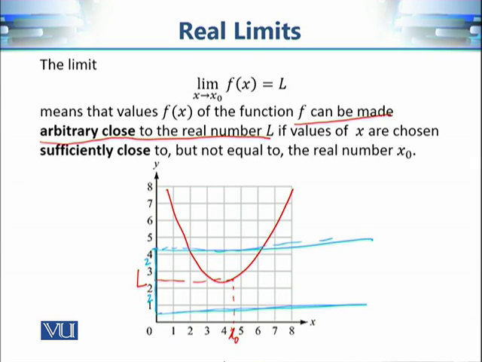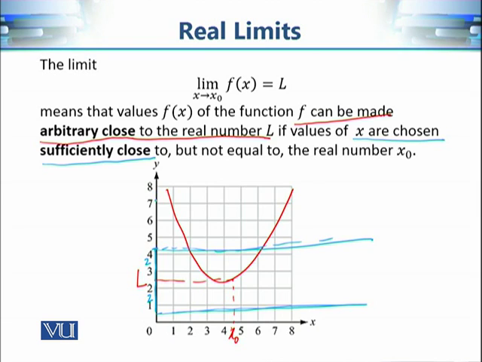Of course we can observe that some of the values are outside these two blue lines, and some of the values are inside these two blue lines. Now which values should we consider? The answer is, sufficiently close.